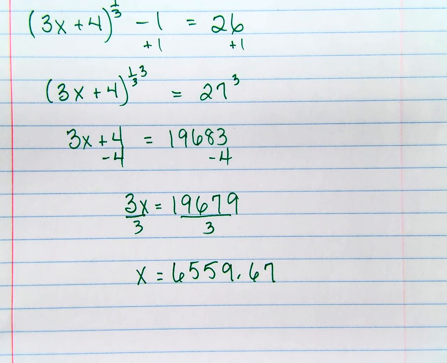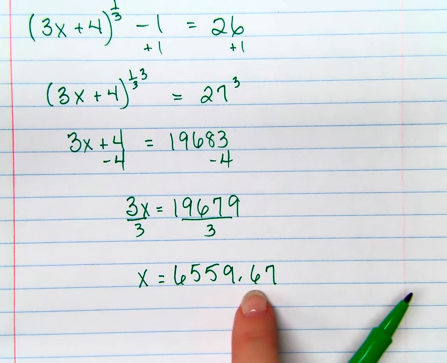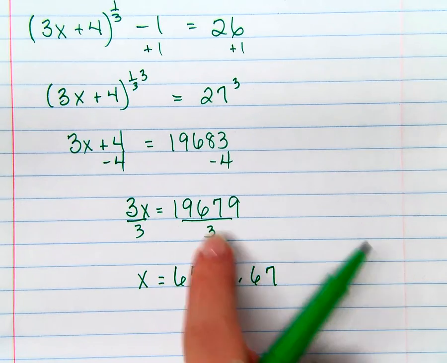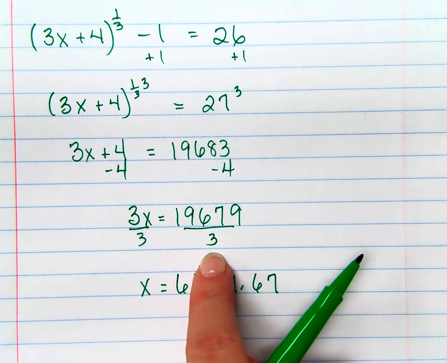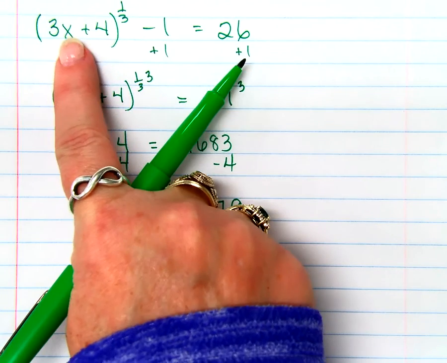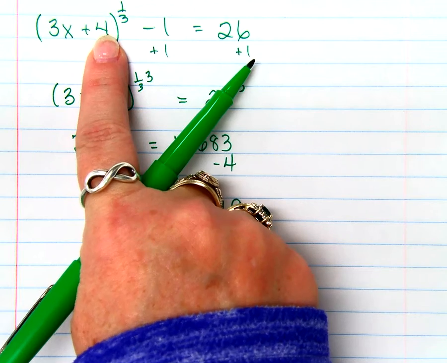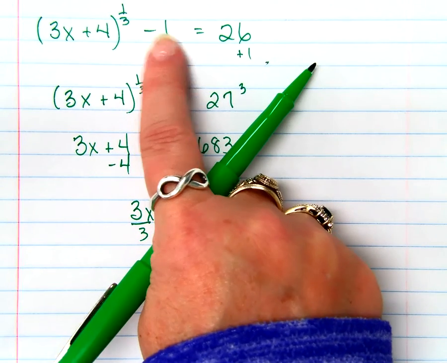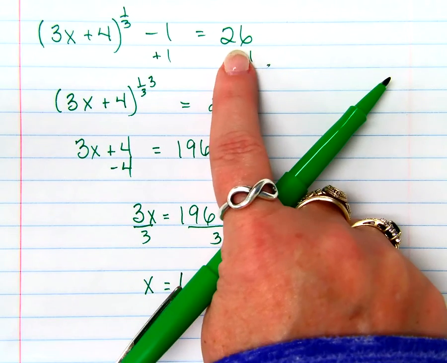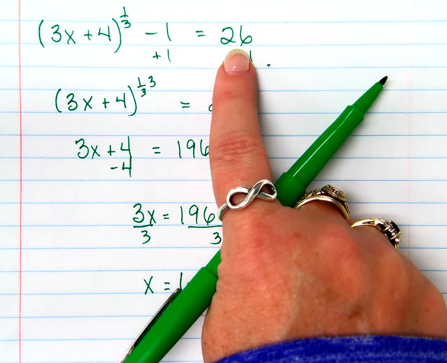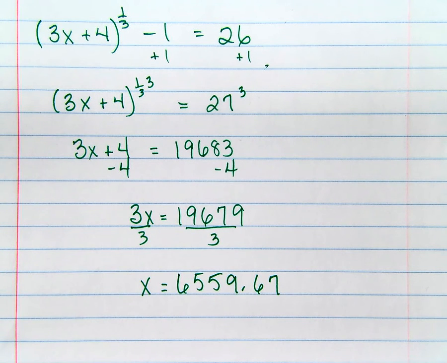If you're going to plug it back in, which you should, to check to make sure it's right, you got to plug the actual number in. So actually do this, and then use that second answer to plug it back in here. Multiply by 3, add 4, raise it to the 1/3 power minus 1. And when you do that, guess what your answer is? 26. Okay? You got it okay?